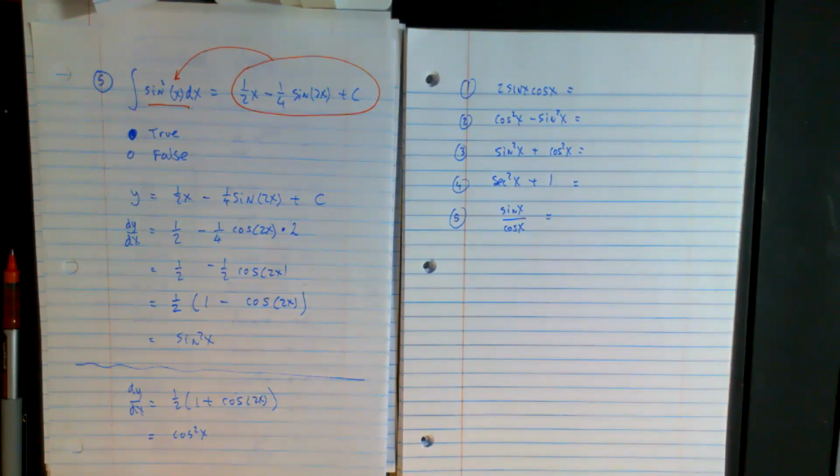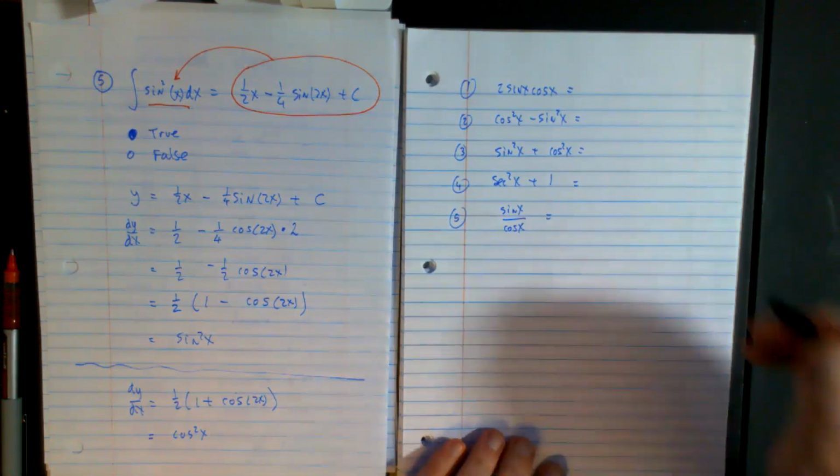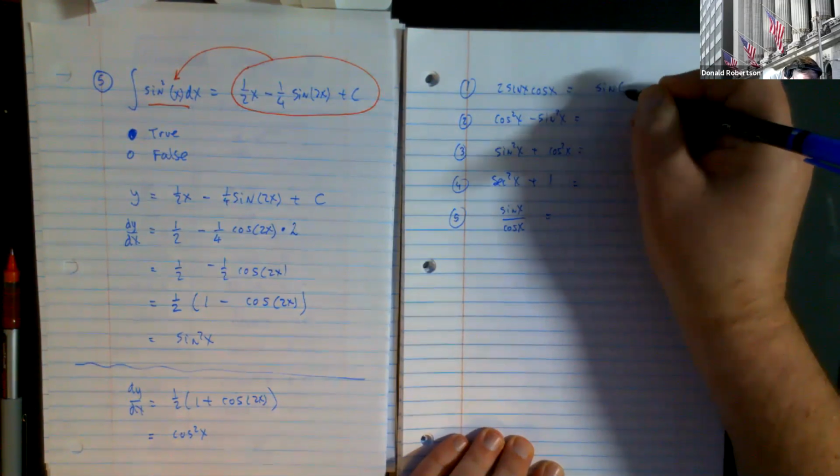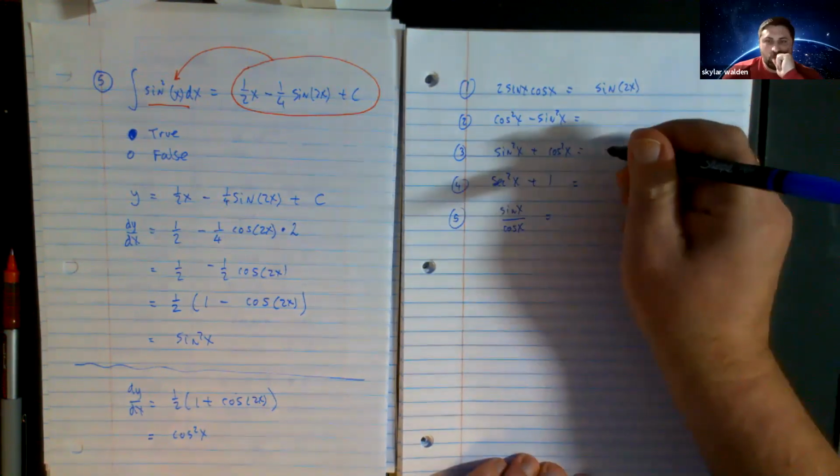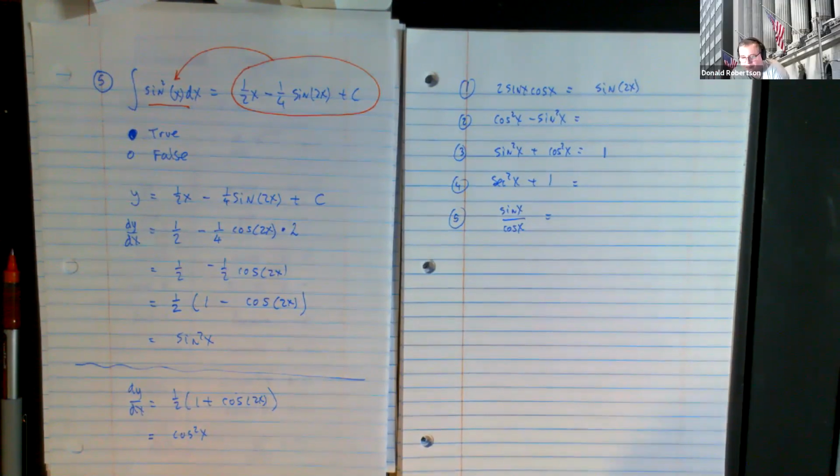Is the first one sine of 2x? Yes, it is. Anybody got one of the 4 that's left? Most people should get number 3. That one. Yeah. Okay, there's only 3 left. Now it's getting troublesome, isn't it?